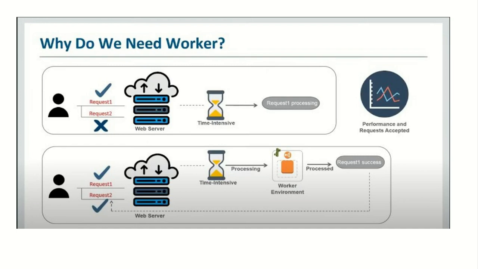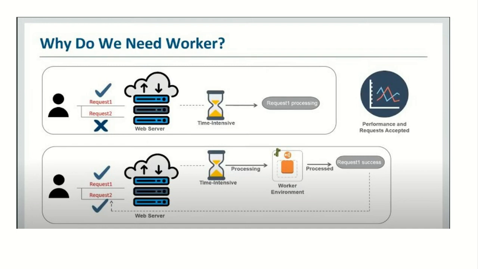But while it's processing the request, it comes across a task that is taking a lot of time. Meanwhile, this client sends another request to the web server. Since the web server is still processing the first request, it denies the second request. So what is the result of this? The performance and the number of requests accepted by the web server strictly decreases.